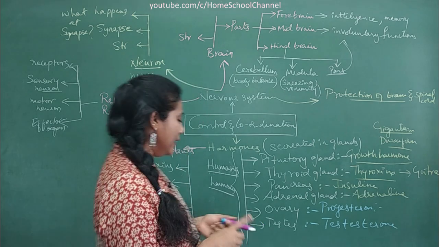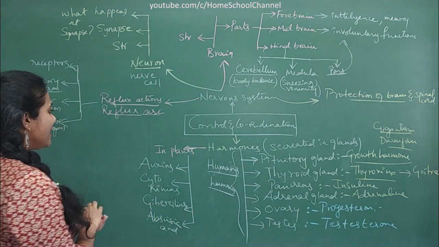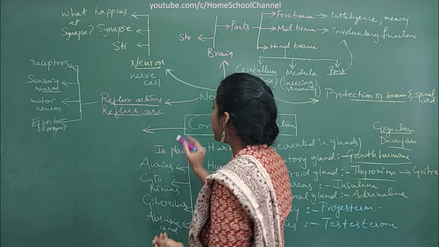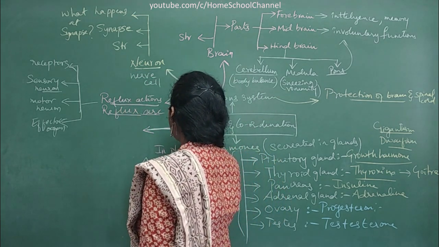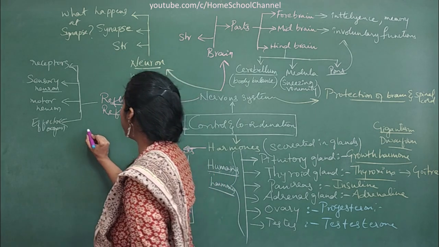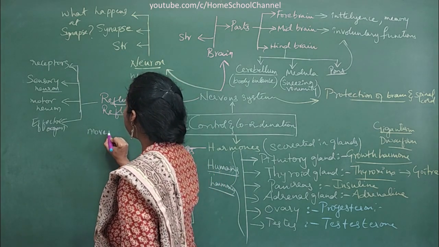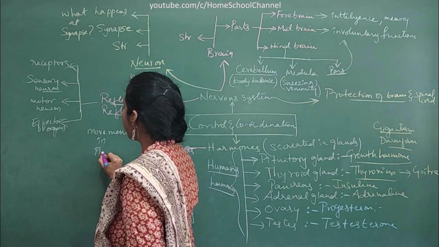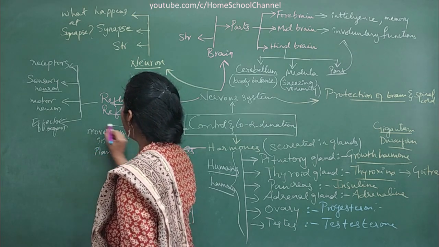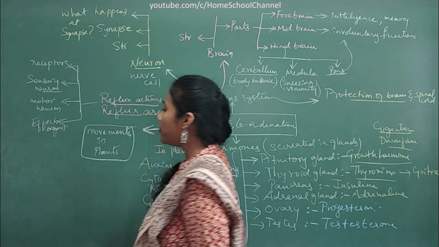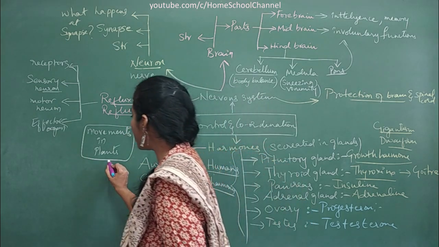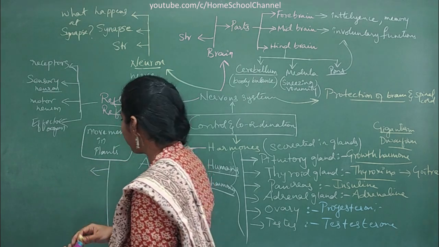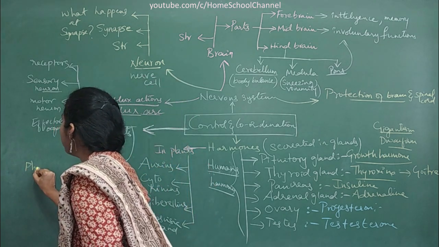Okay, and finally, coming to the last topic that I would like to discuss here is movements in plants. Okay, so the last topic in control and coordination is movements in plants. Okay, so we have different movements in plants. Majorly we have phototropism, right?